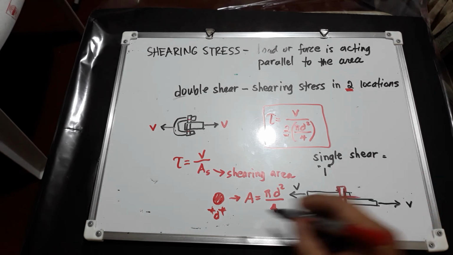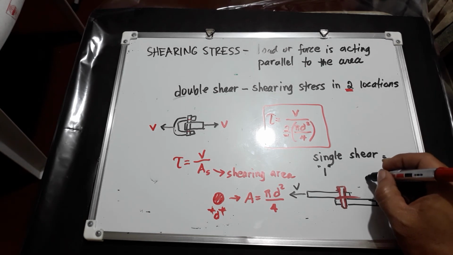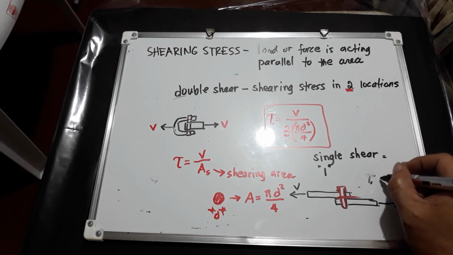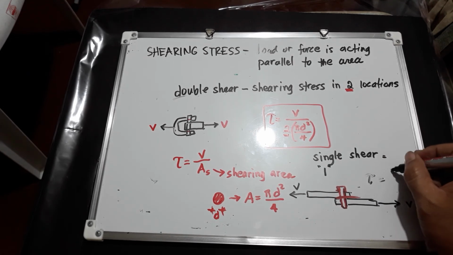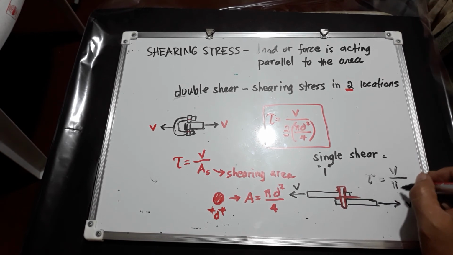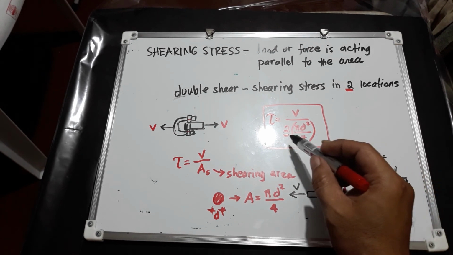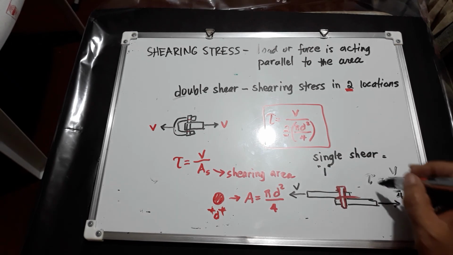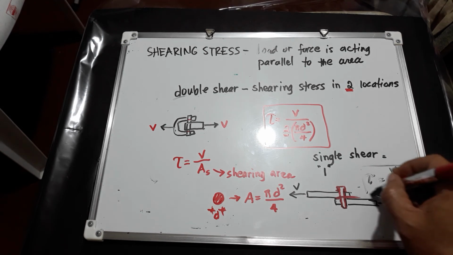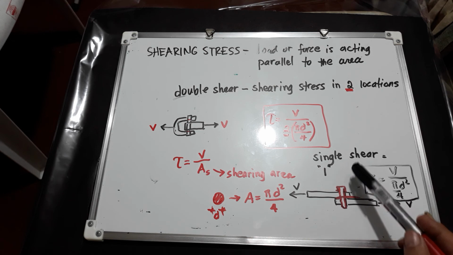So if this one has a diameter D, the stress due to the single shear will be equal to V over the cross-sectional area, which is pi d squared over 4. So no more number 2 here, not like here it has 2. This is only a single shear. This is the equation to compute for the shearing stress of this bolt when it is subjected to single shear only.